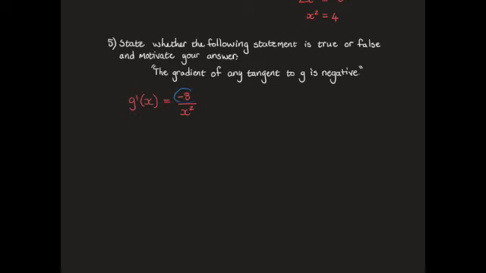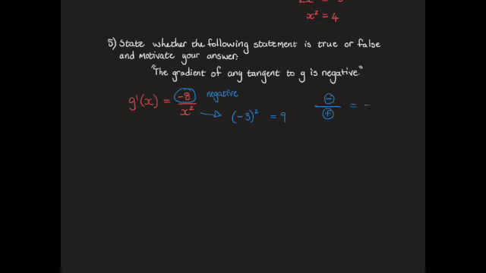Now negative 8 is a constant, so it's always going to be negative. Any number that's squared, even if x was negative 3, is still going to give a positive. What do we know about a negative number that is always divided by a positive number?